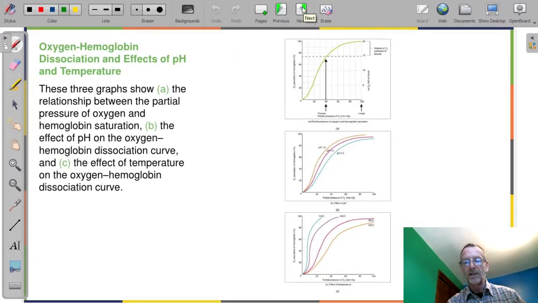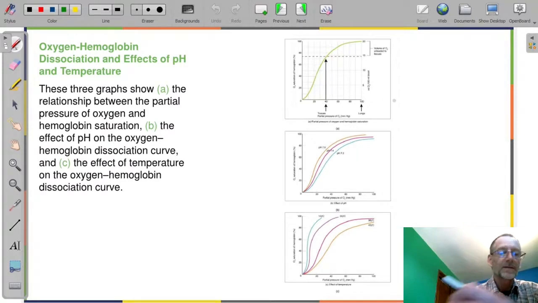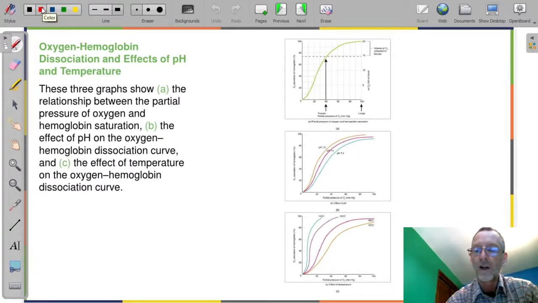This slide, I realize, is a little hard to see, so I'll help you out. On the top figure is just the standard curve. So this is what we just looked at. It's actually showing volume, but I'm not going to worry about that. So let's just make this the standard curve.